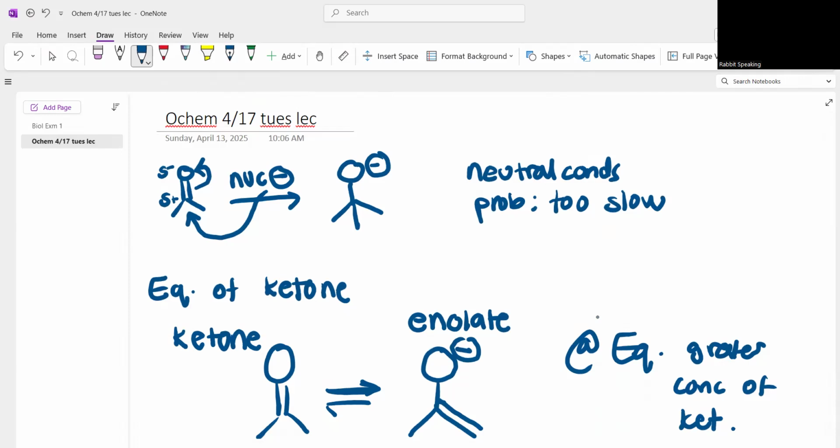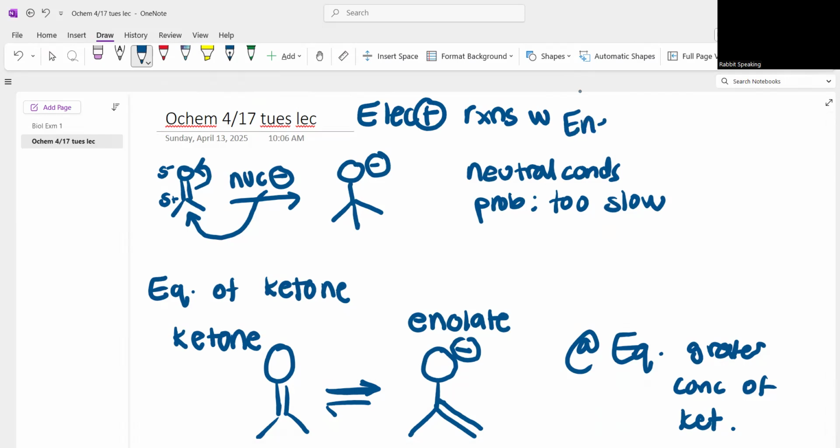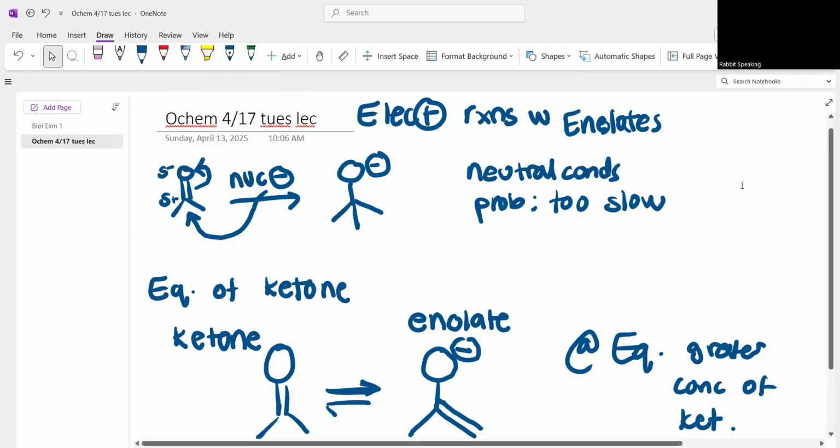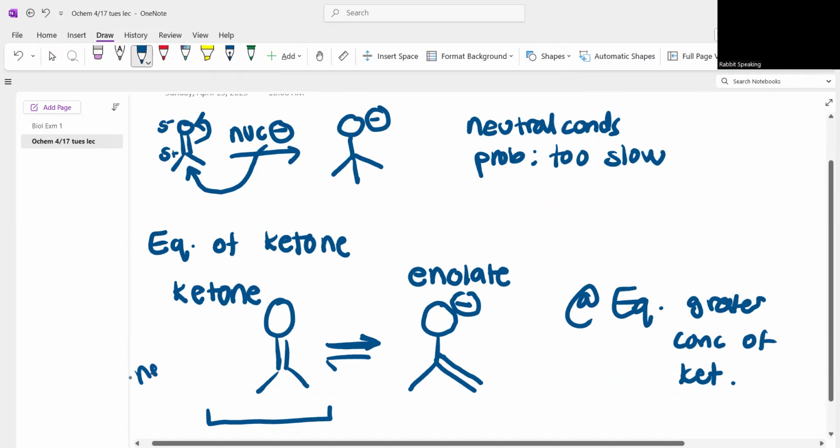So actually, let me title this: electrophilic reactions with enolates. Okay, I think I butchered that. And so we have more ketone in neutral conditions.